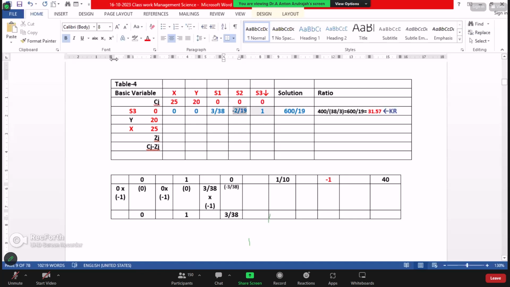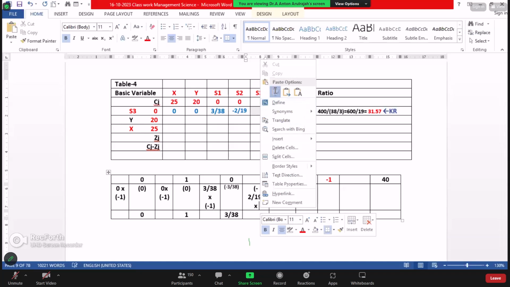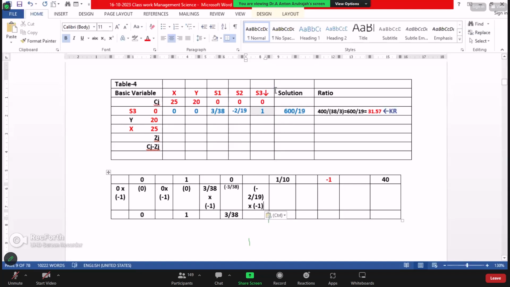Then this minus 2 by 19 has to multiply by minus 1. So minus 2 by 19 has to multiply by minus 1. It's about 2 plus by 19.